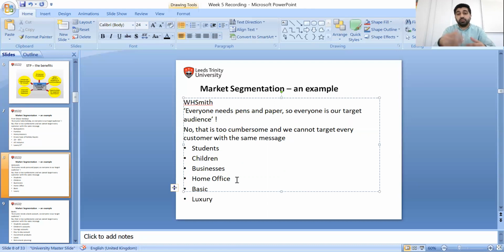We have to identify the home offices, how many people are working from home. We have to identify the basics and luxury, what type of people are looking for luxury pens and high quality papers. So when we are talking about market segmentation, we have to be specific, and we have to keep in mind the customer's need.